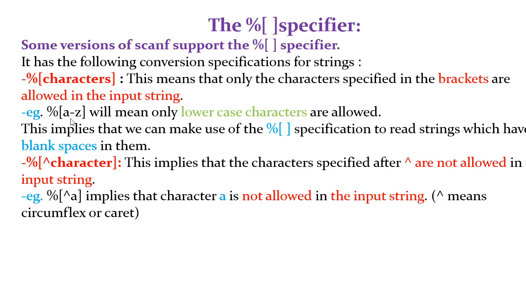For example, %[a-z] means that all lowercase characters are allowed. If you write an empty space, then strings which have blank spaces are allowed. The caret character implies that the particular string or character is not allowed. For example, %[^A] implies that A is not allowed in these brackets.